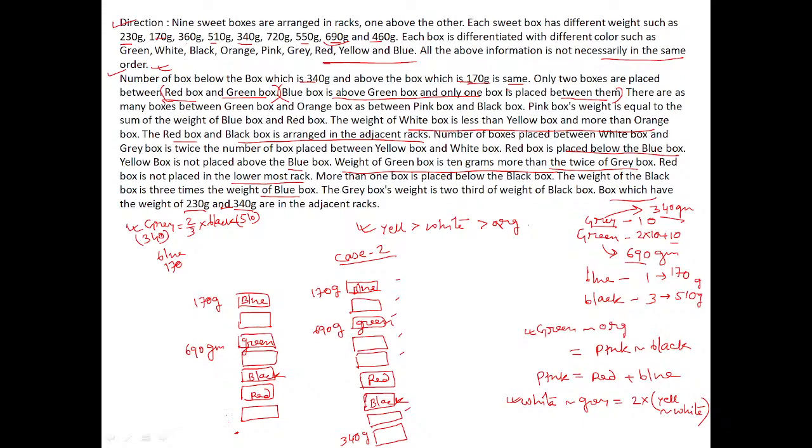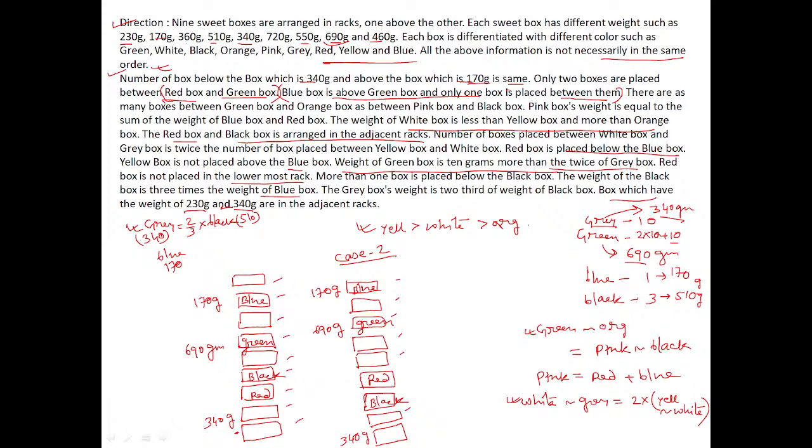So we have to put 340 gram here. Then this is the final part, because we have to make the boxes equal. Even if there are no boxes, the condition is satisfied, but we have to put the 9 boxes in total. So 1, 2, 3, 4, 5, 6, 7, 8, 9.